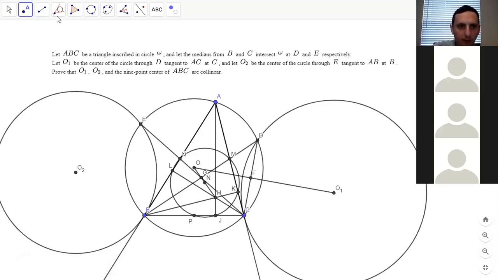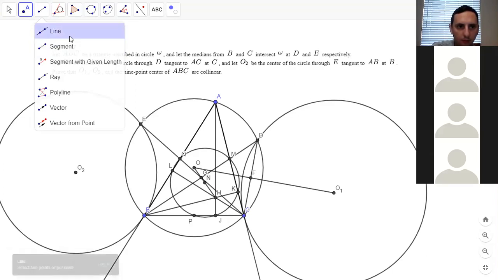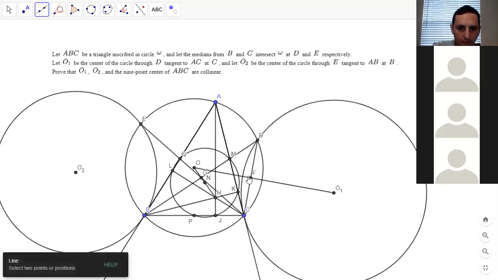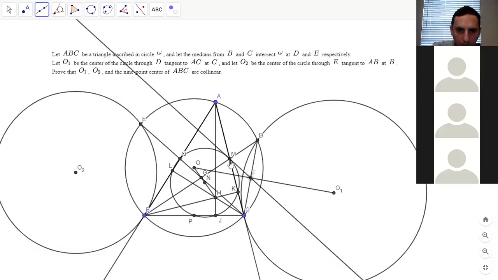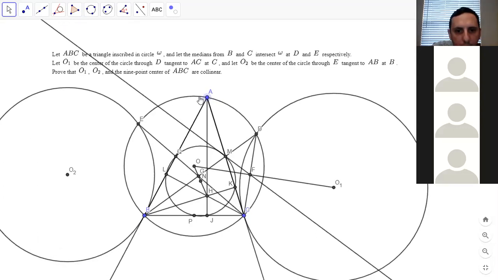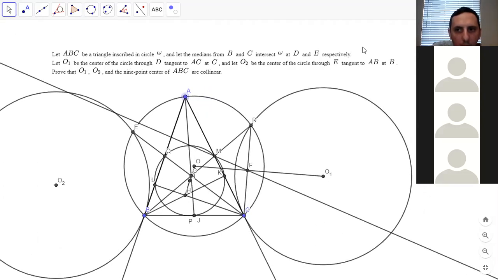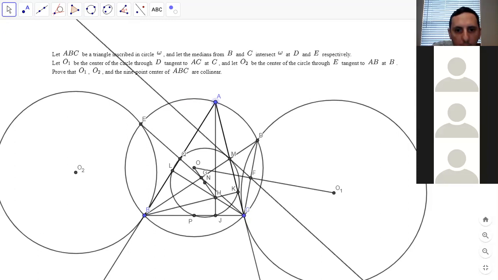Is FM tangent to the 9-point circle? No. But FM is parallel to AD.